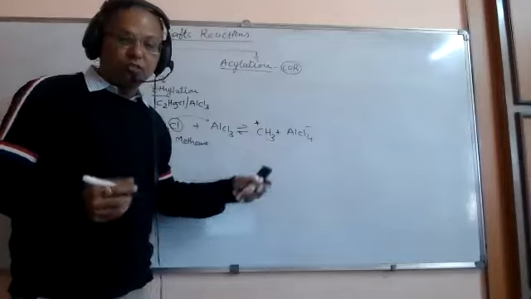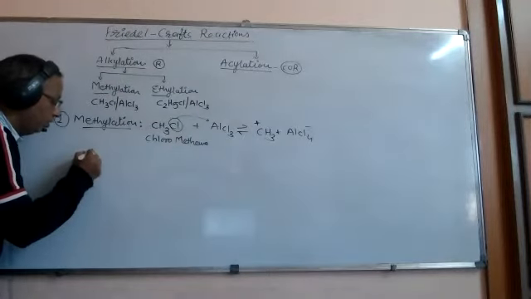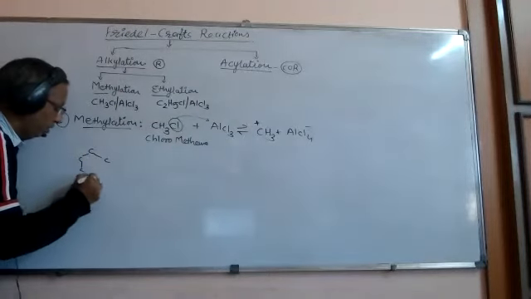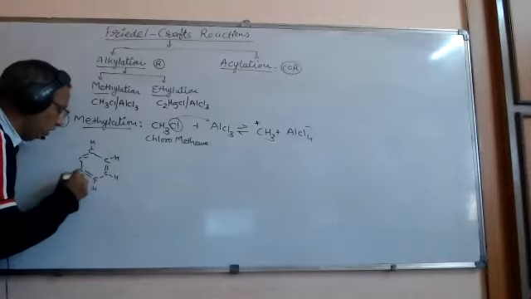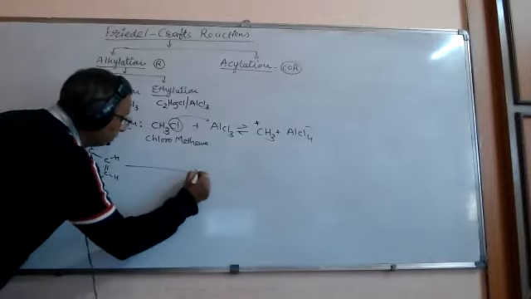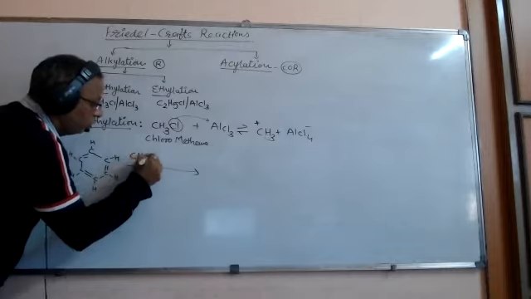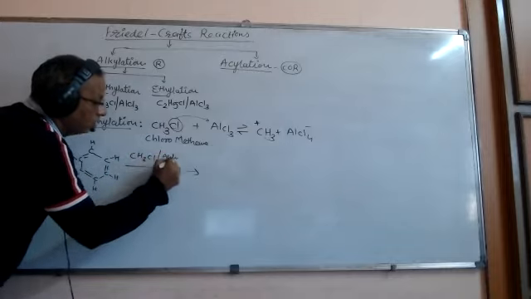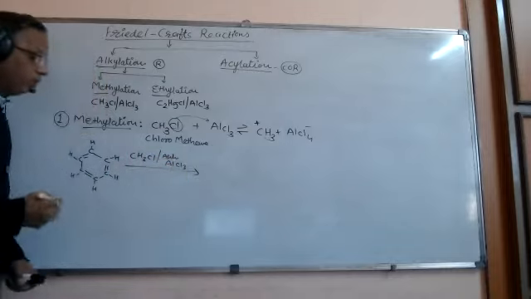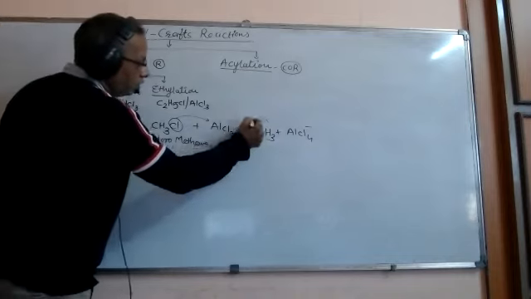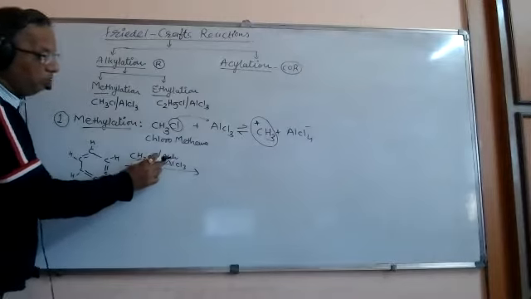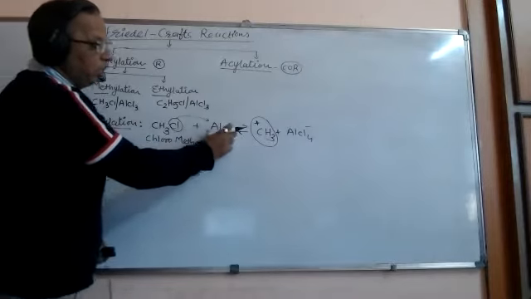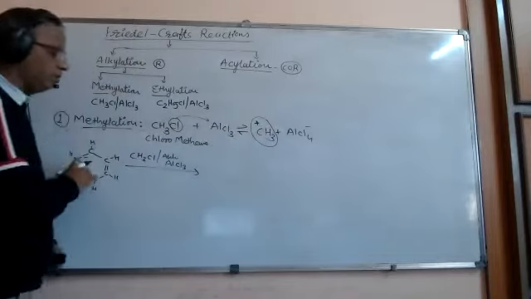In this mixture, when we add benzene, this is the structure of benzene, as you know, C6H6, mixed with CH3Cl and anhydrous AlCl3. Out of these, the reaction takes place first between CH3Cl and AlCl3, and then benzene is added.